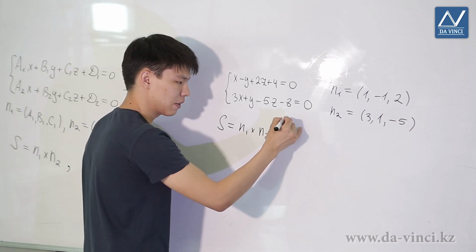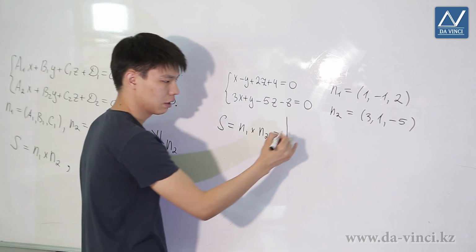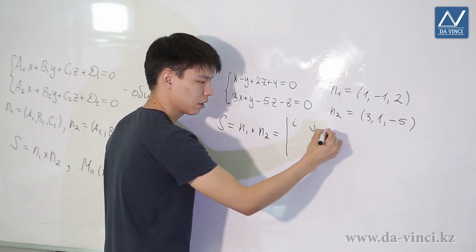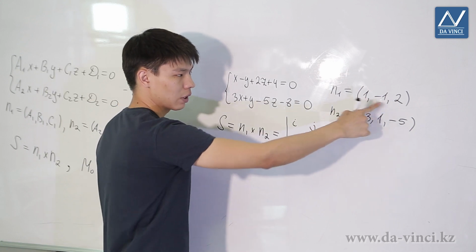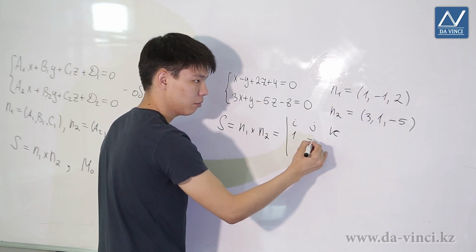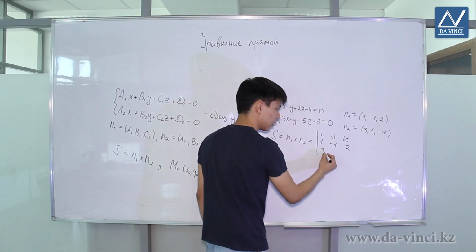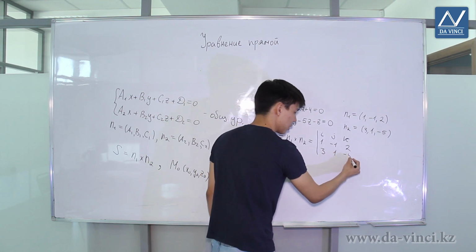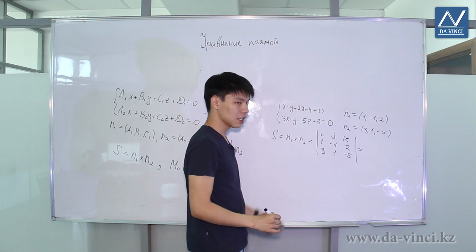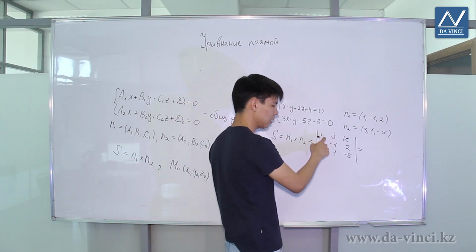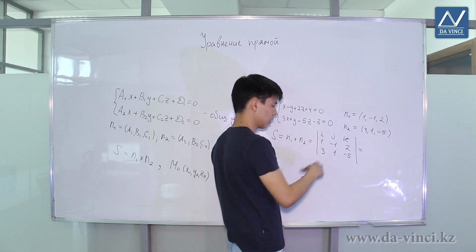Let me remind you that we can calculate the vector product as a determinant. In the first line, we have vectors i, j, k. Then there are the coordinates of the first vector, 1, minus 1, 2, and the coordinates of the second vector, 3, 1, minus 5. As a result, we get some vector with the following coordinates. The x-coordinate is calculated as follows.